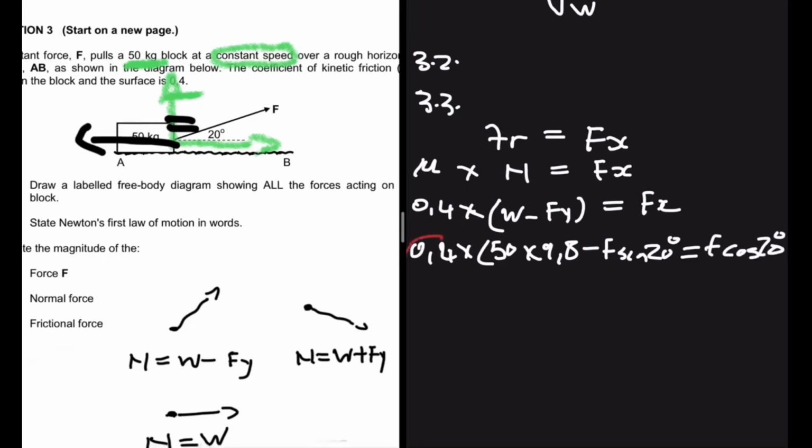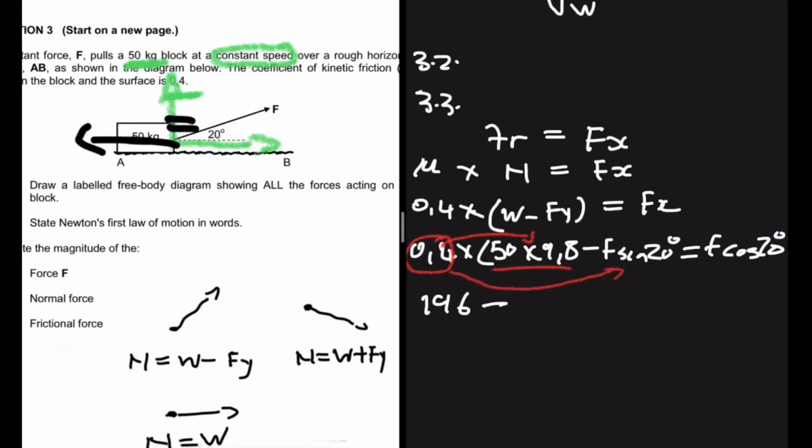Now we have 0.4 multiplied by this term, right? If you put that in your calculator, you're gonna get 196, right? And then minus, now we're saying 0.4 multiplied by F sine of 20.